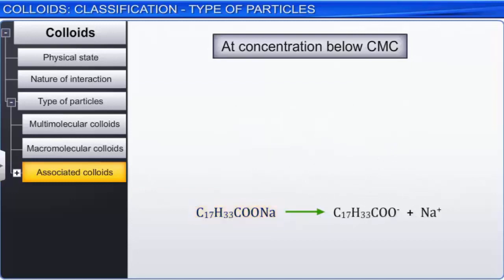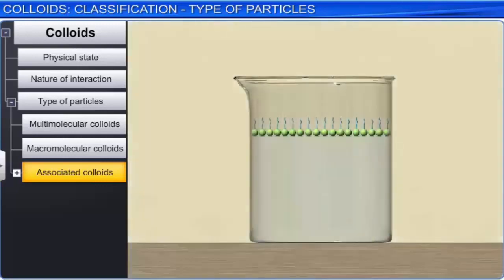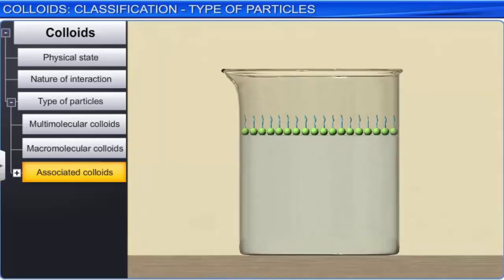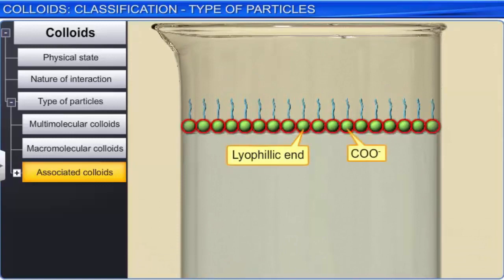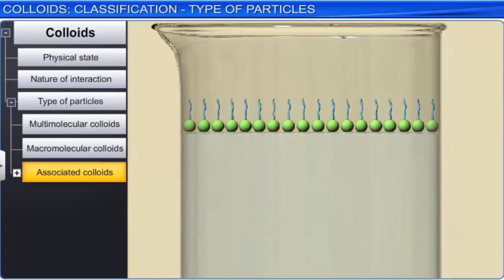These stearate ions remain on the surface of water and orient themselves in such a way that the lyophilic end, COO-, dips in water, while the lyophobic part, the C17H35 part, stays away from it. At the critical micelle concentration, the polar COO- part is pulled into the bulk of the solution.